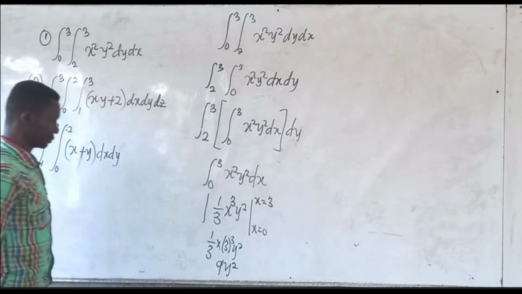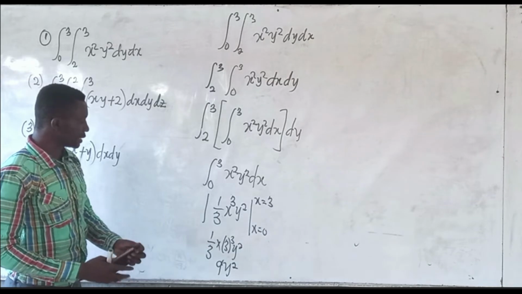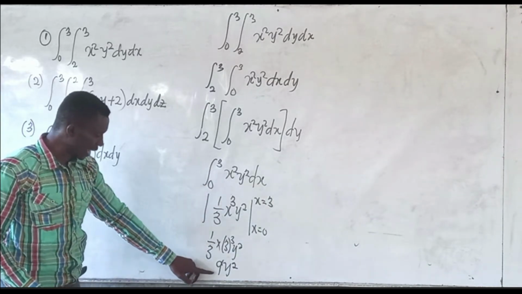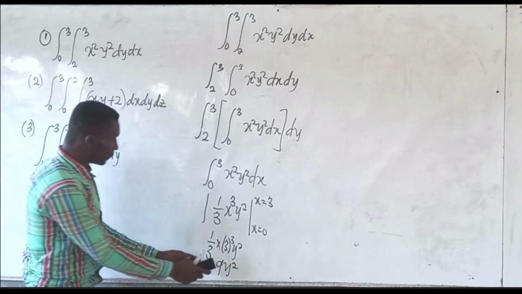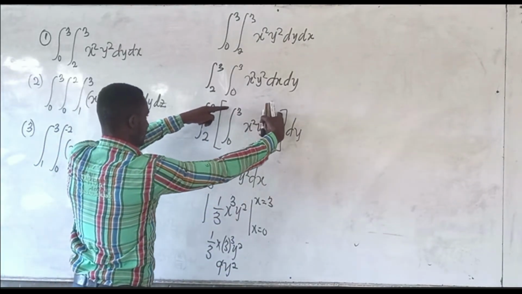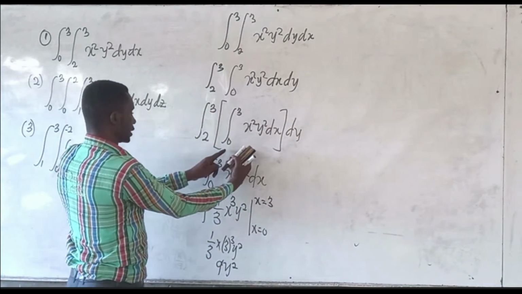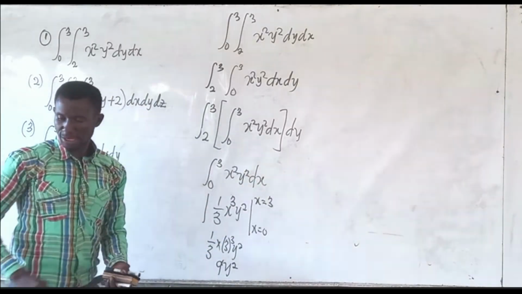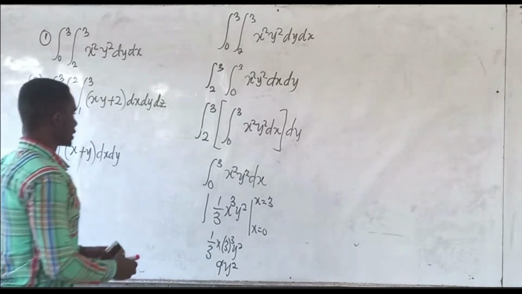So when I integrate x squared y squared dx from 0 to 3, it will give me 9y squared. Now I'm coming to fix 9y squared inside this. Inside is what I've integrated. This one is for this.